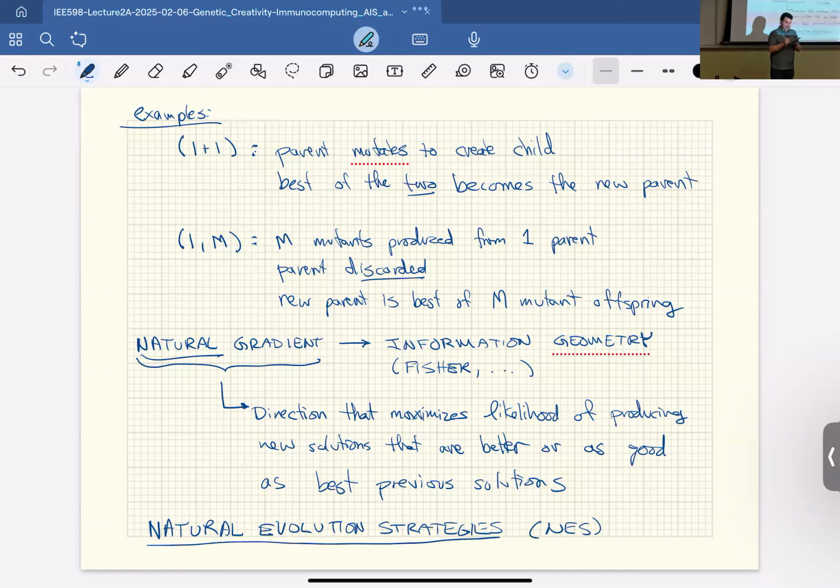And they basically are using the natural gradient to define how to mutate their individuals. So it uses statistical measures to update mutation directions.